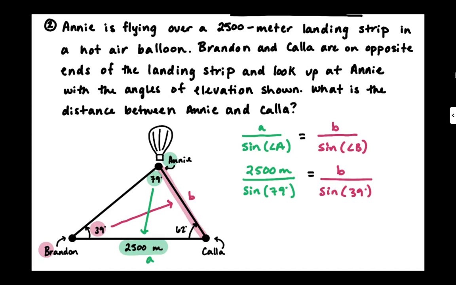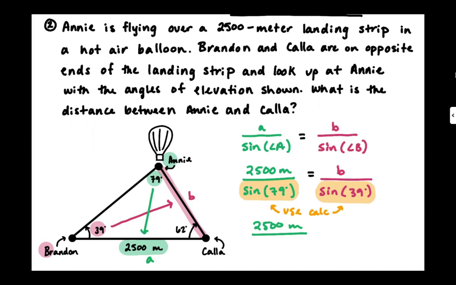The next phase is to turn our trig values into decimals using our calculator. So we're going to rewrite: we've got 2,500 meters divided by, punch in 79, hit the sine button.